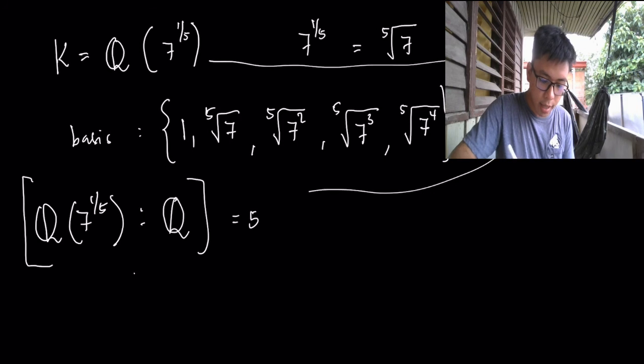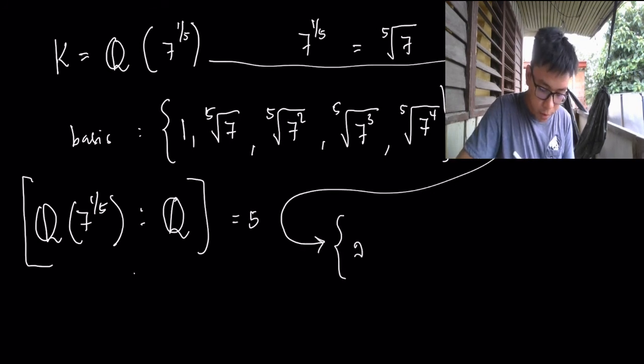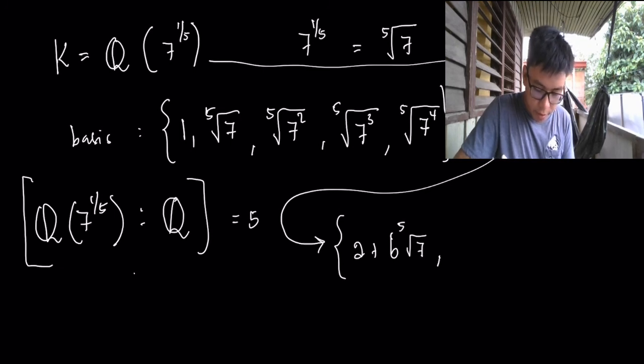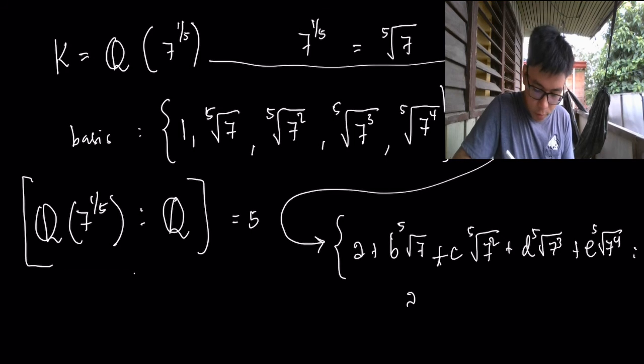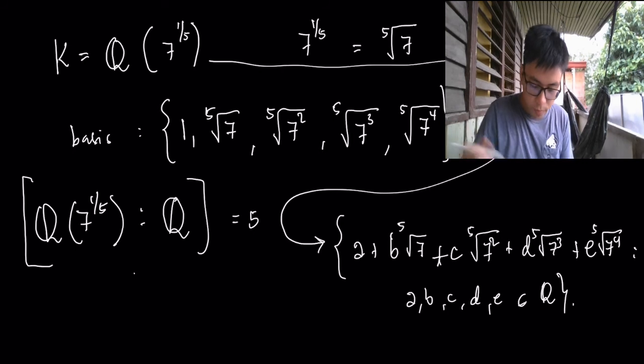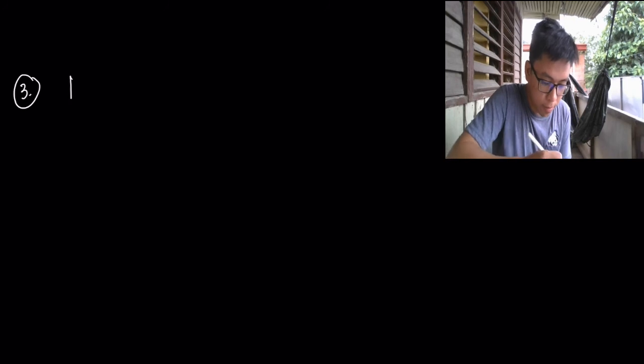So meaning to say that the elements of this are of the form a plus b fifth root of 7 plus c fifth root of 7 squared plus d fifth root of 7 cubed plus e fifth root of 7 to the 4th. And where a, b, c, d, and e are from Q. That's it.